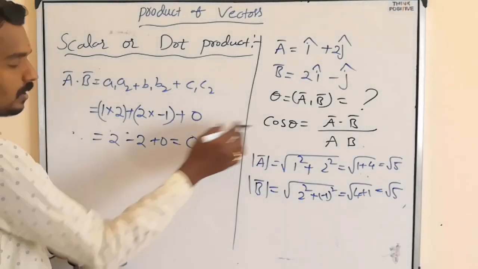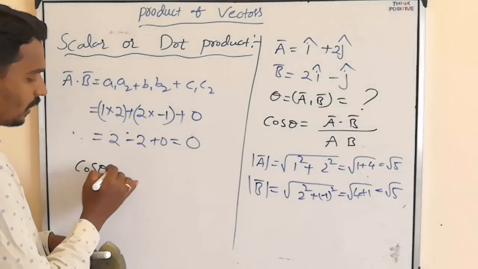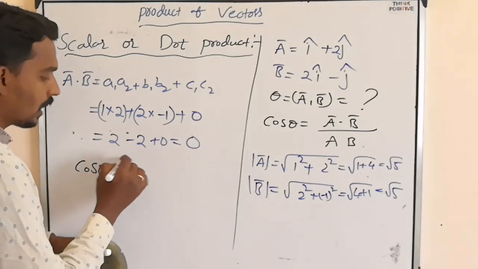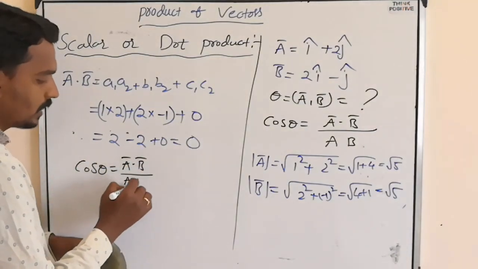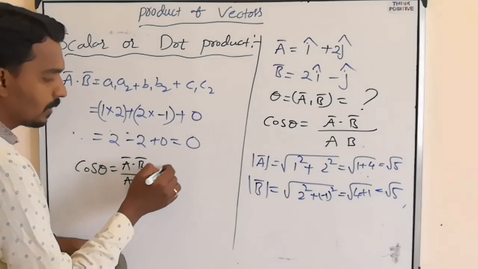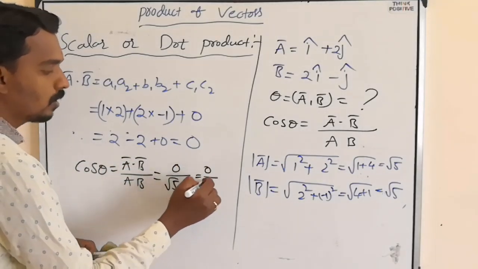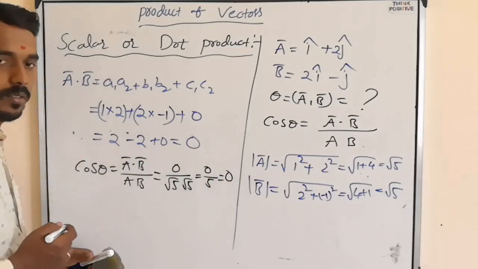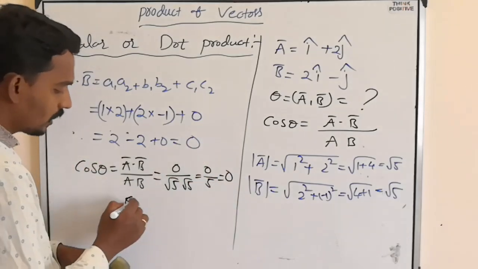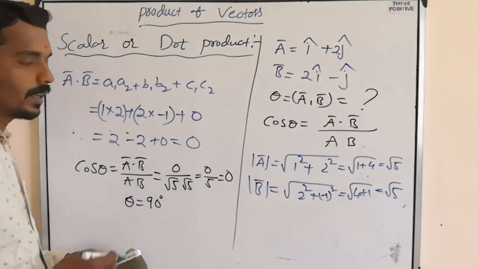0. Then cos theta equals a bar dot b bar by ab, which is 0 by root 5 root 5, 0 by 5, nothing but 0. Cos theta is 0, then what is theta? 90 degrees.